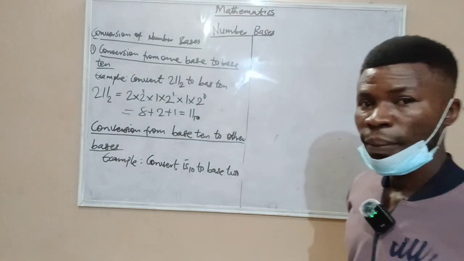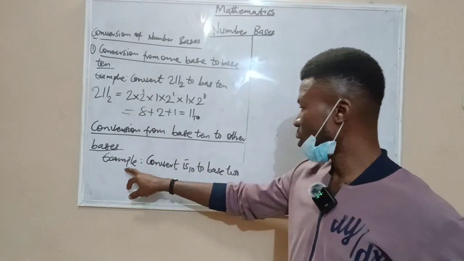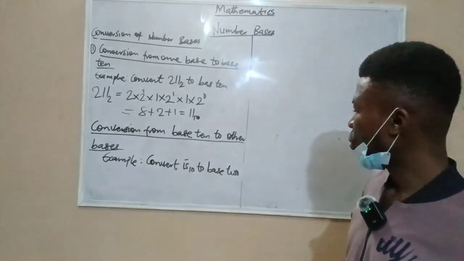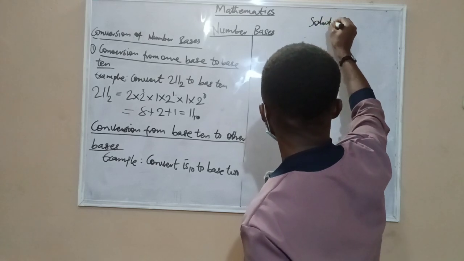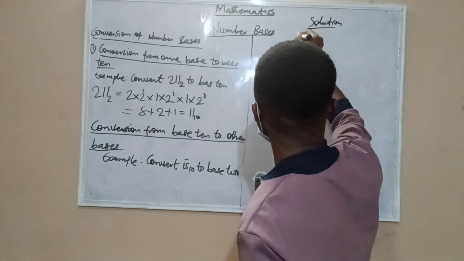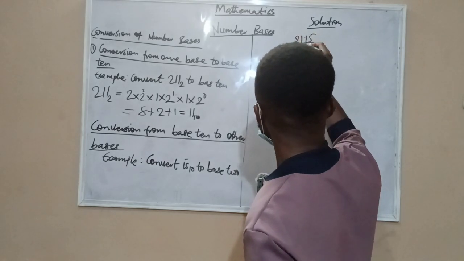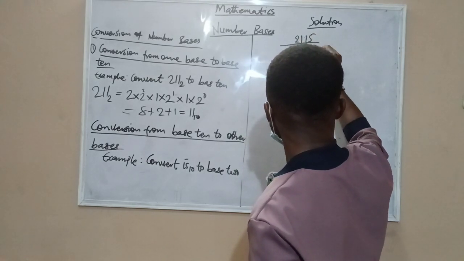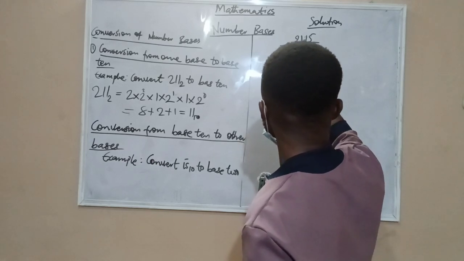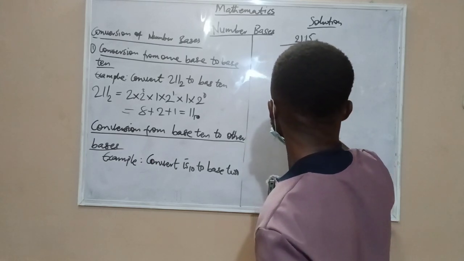Now let's look at conversion from base 10 to other bases. The first one says convert 15 base 10 to base 2. And of course, the normal way is to divide. This is 15, converting to base 2. 15 divided by 2 is 7 remainder 1. 2 in 7 is 3 remainder 1.